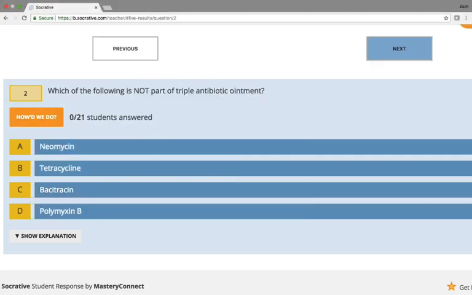Next. Which is not a part of triple antibiotic ointment? Neomycin, tetracycline, bacitracin, polymyxin B. This one may not have necessarily come up in the table, but I think it came up in the mini lecture.